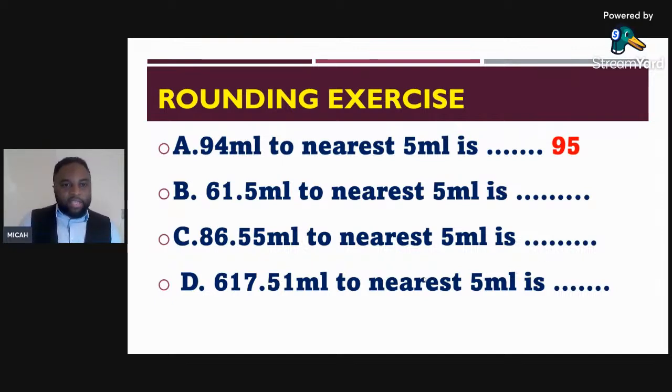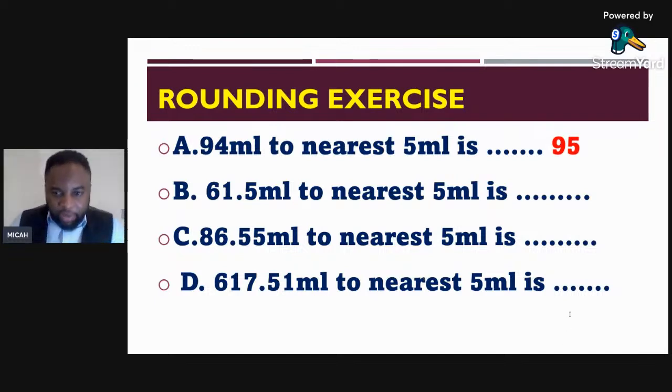Now, in some cases, you'd have a decimal like you do for B, C, and D, which I'm going to get you to do in a second. But what you're trying to look at is the number you have, with the decimal taken into consideration. Is that halfway between your target and your actual number?